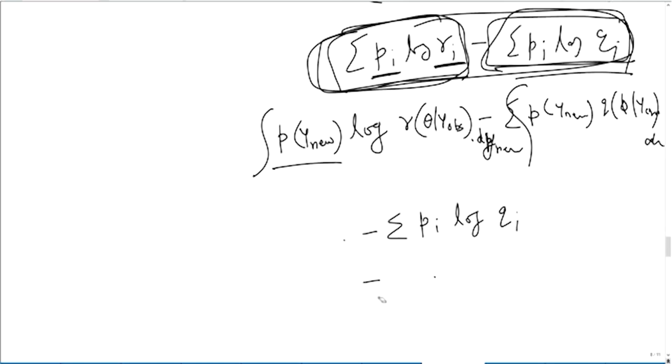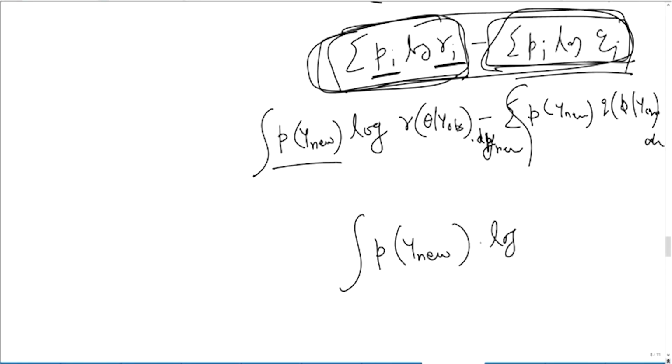So in a way, the actual term that we are interested in is this: the true distribution of your new data and this log of the distribution of your posterior predictive data. What is actually posterior predictive data, and what would its distribution look like? Posterior predictions are generated like this.